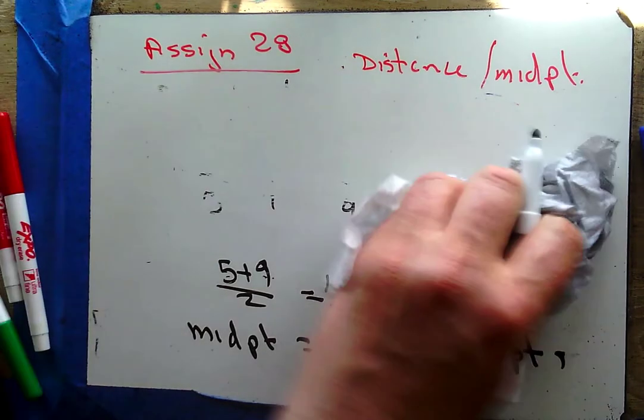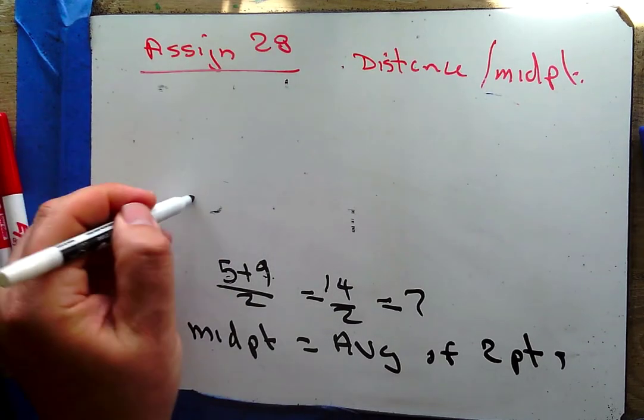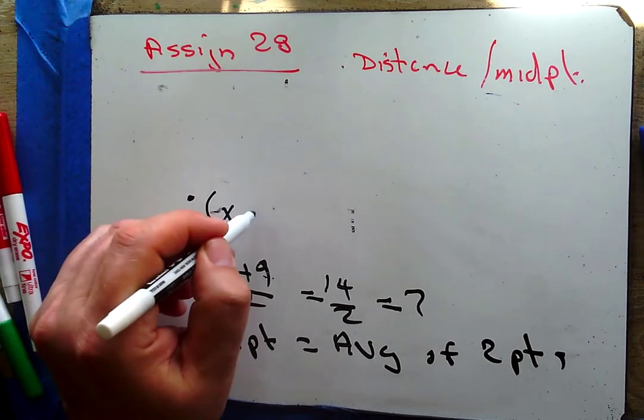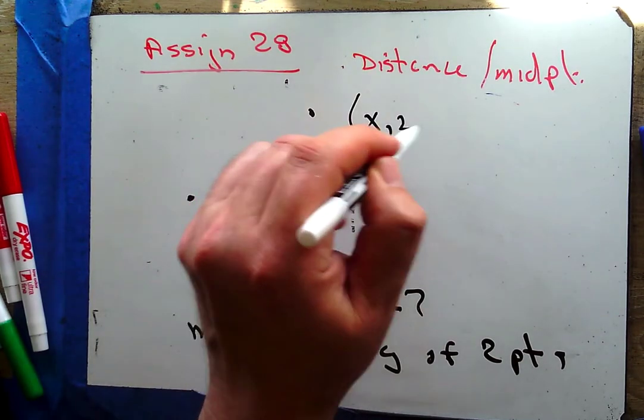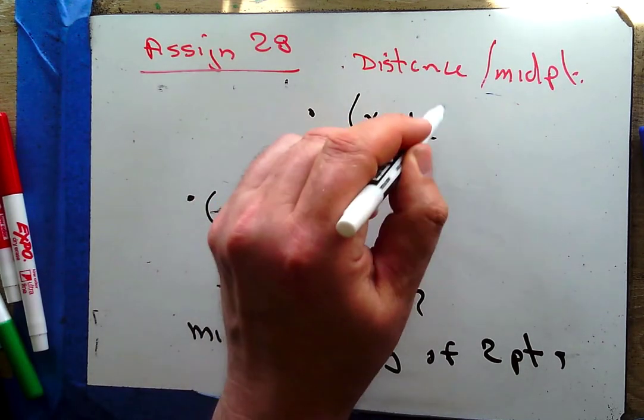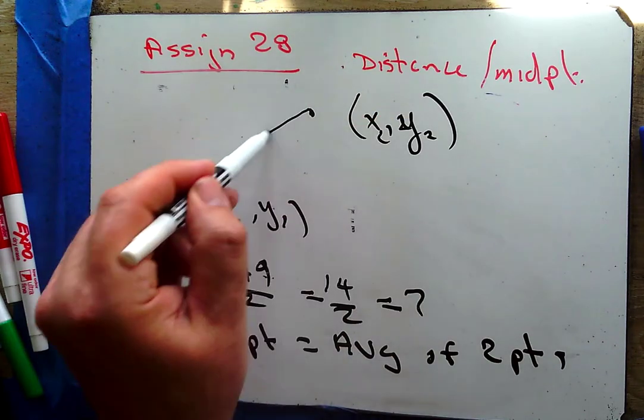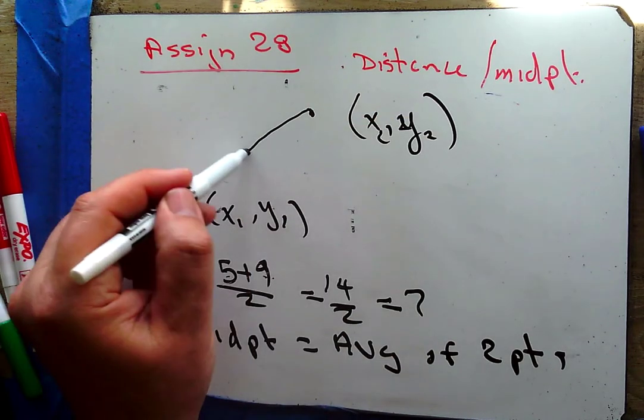So if we go back to our situation where we had x sub 1, y sub 1, and x sub 2, y sub 2, where's the midpoint going to be?